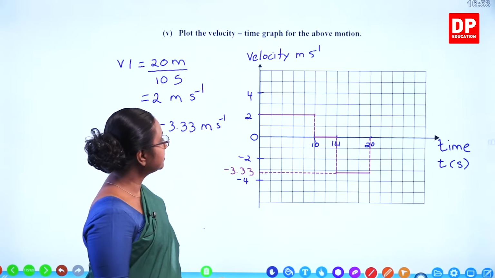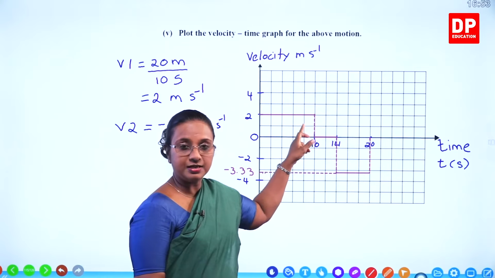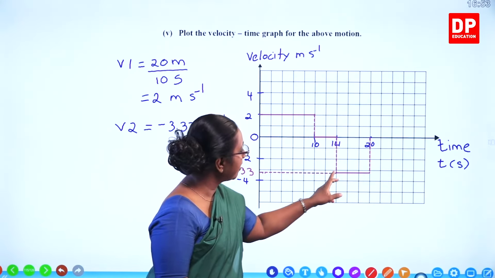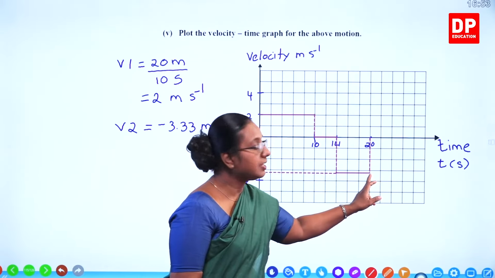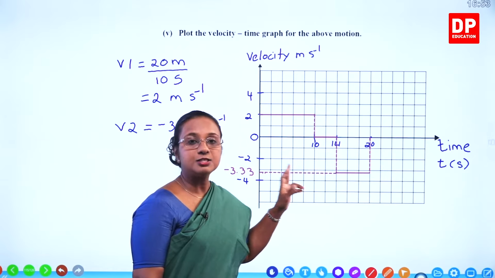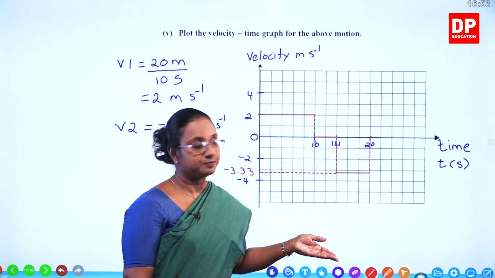So here you can see initially the velocity is 2 meters per second in one direction, then a period of rest, and finally the minus 3.33 meters per second, that is velocity in the opposite direction.